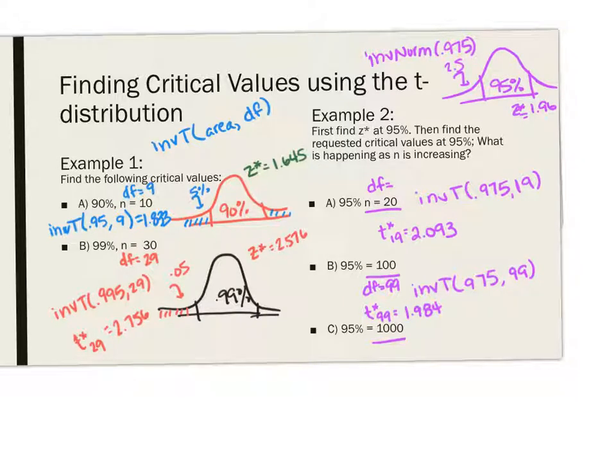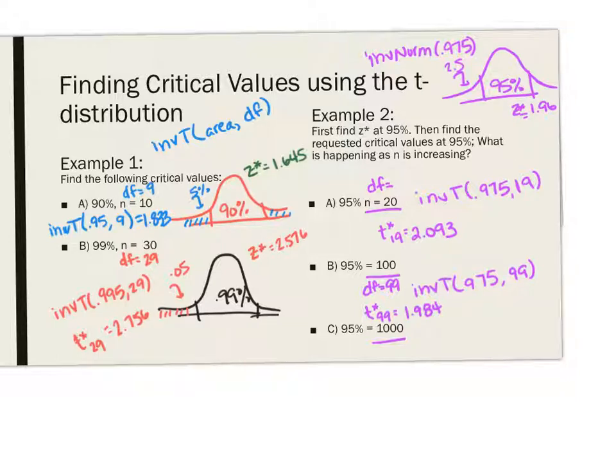What happened to the T star when it was 20 degrees? Right here, when we had 19 degrees of freedom and a sample size of 20, and then we had 99 degrees of freedom, sample size of 100. What happened to your T star? Notice it got smaller. Why is it getting smaller?